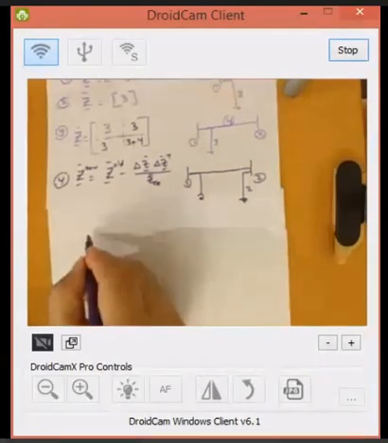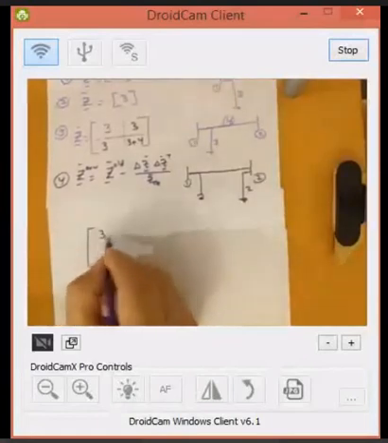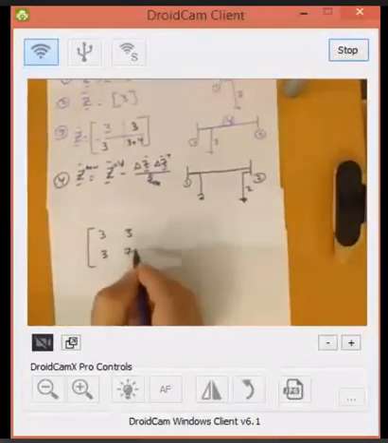Z old is equal to 3, 3, 7 as the old one.